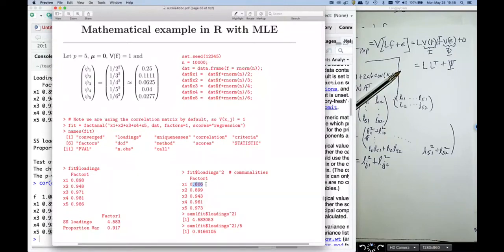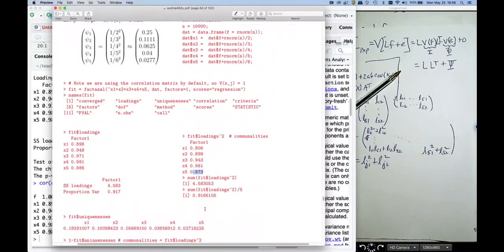So the interpretation is that about 80.6% of the variance in x1 is explained by knowing the common factor f. Whereas for x5, since the measurement error is so much smaller, we can explain 97.3% of x5 if we could know the common factor.